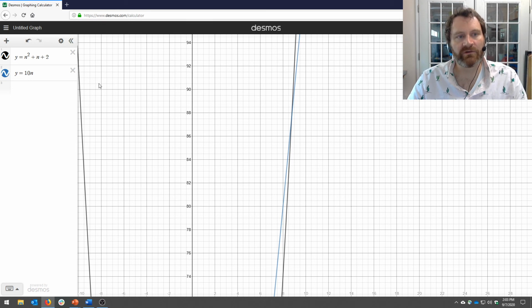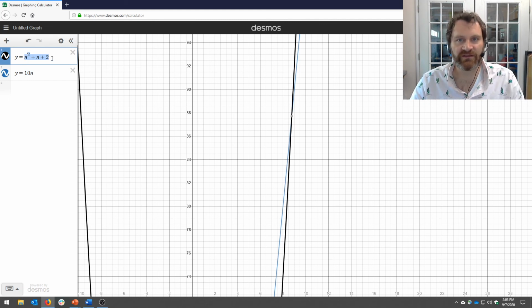So this blue line does not work. Our T of n equals n squared plus n plus 2 is not big O of n, because we cannot find a constant such that the blue line will always overtake the black line.